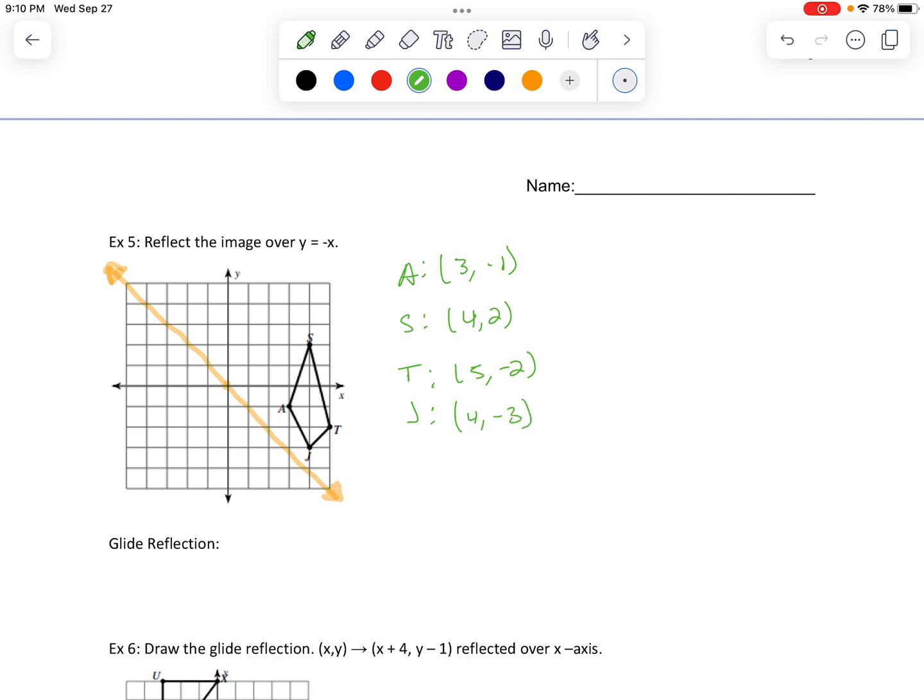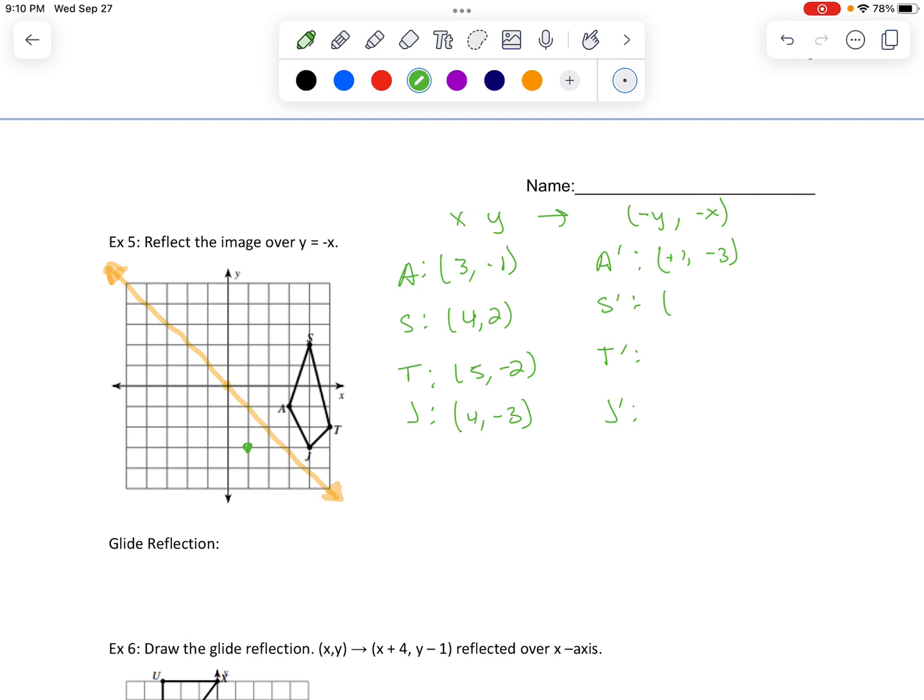So if I'm going through my prime information, I have A prime, S prime, T prime, J prime. Now, if I'm using that rule, I have (x, y). If I'm reflecting over y equals negative x, then my coordinates here are going to become (negative y, negative x). So A prime is now (positive 1, negative 3). And my rule does check out, so that's good.